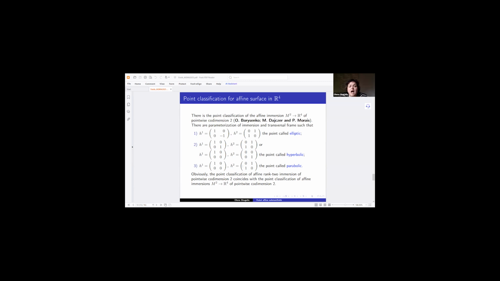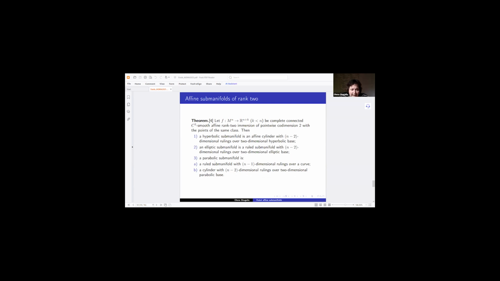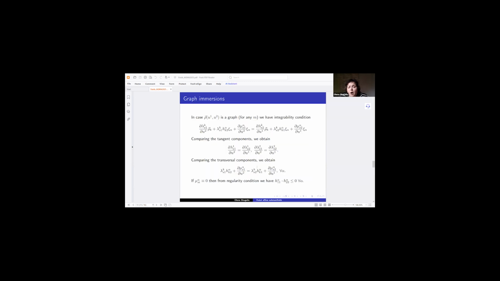If the point is parabolic, the affine fundamental form in case A and case 2 is the same, but we can see that our integrability condition here depends on connections too, and in different cases there are different relations between the affine fundamental form and the connection, so we have two different cases.